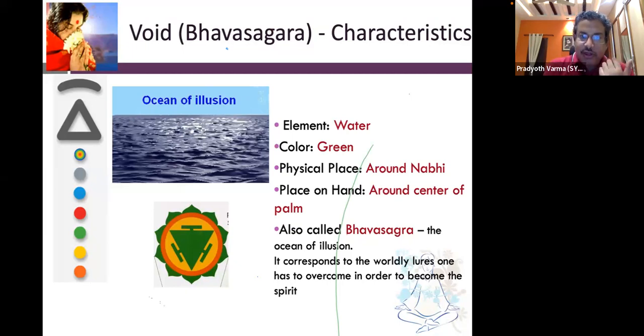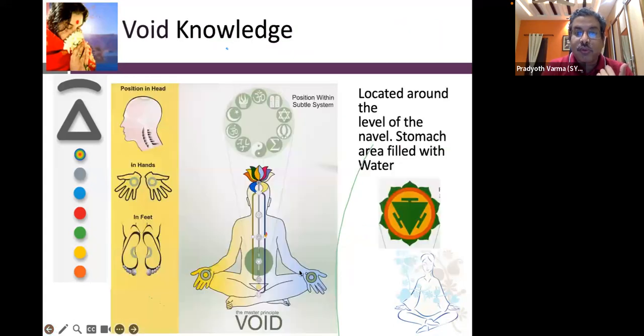It is also very interesting to see that in our nervous system, this central portion from the Nabi chakra to the heart chakra is usually represented in the form of a dotted line. It's not a straight line, because this Sushumna Nadi is not continuous.